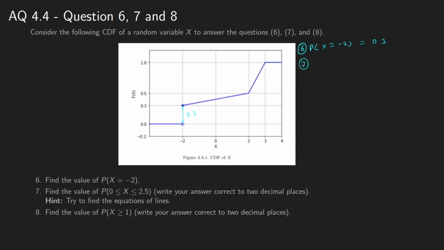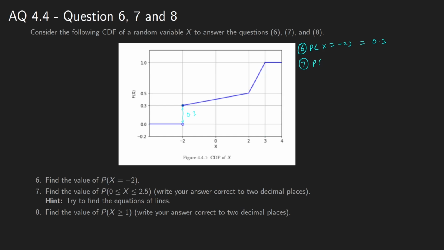In question number 7, we have to find the probability that x will be in the range 0 to 2.5. We can see here that between 0 and 2.5, the function is a continuous function. So we will have to subtract the CDF at 0 from the CDF at 2.5 to find this probability.